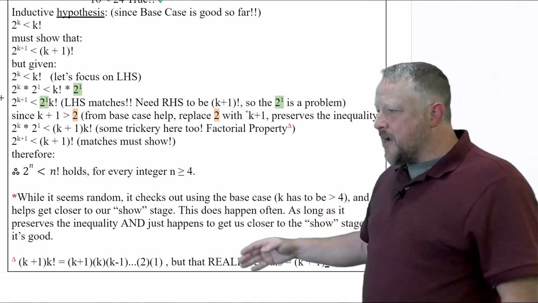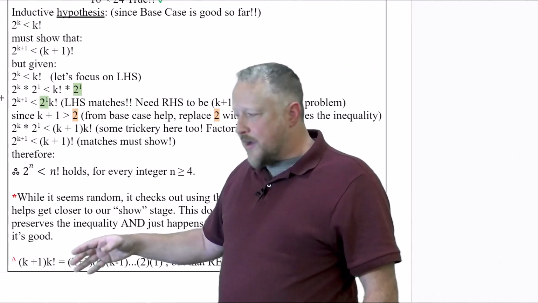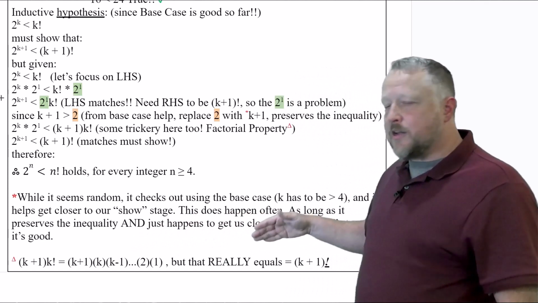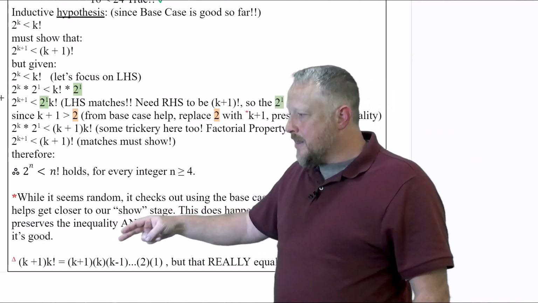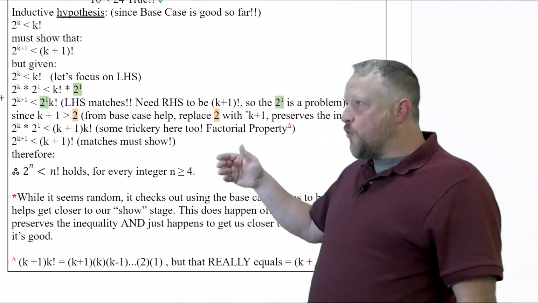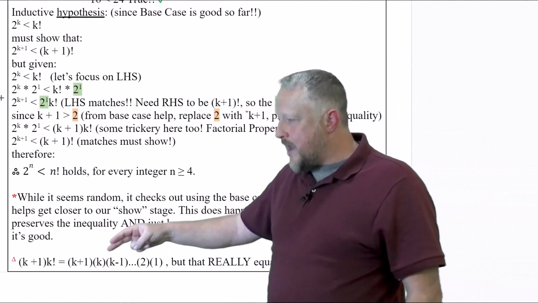Why was that? Because think about it, the (k+1) times k factorial, this is how we would write it out if we were frankly doing all the multiplication. It's k plus 1, then k, then k minus 1, and it keeps going down, right? Like 4 factorial is 4 times 3 times 2 times 1. Well, we did k plus 1, then k.